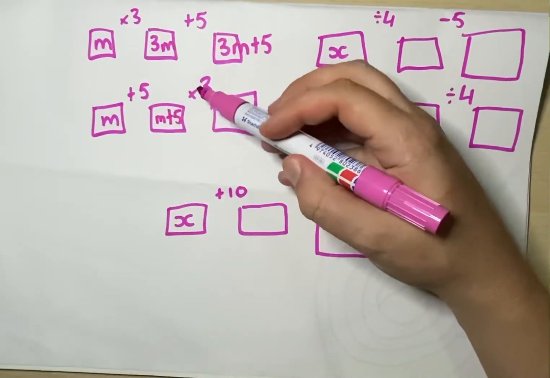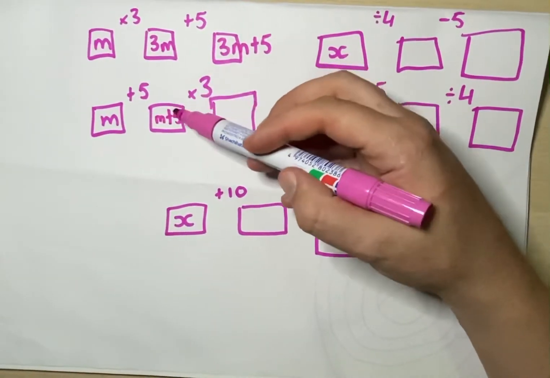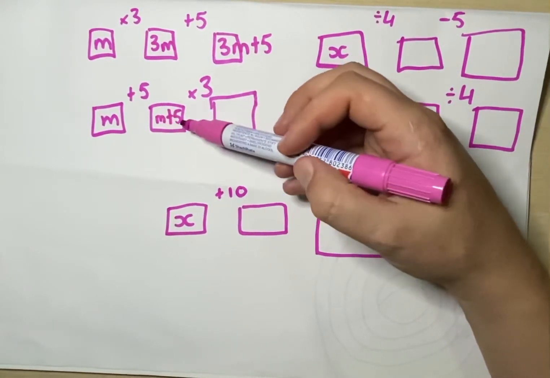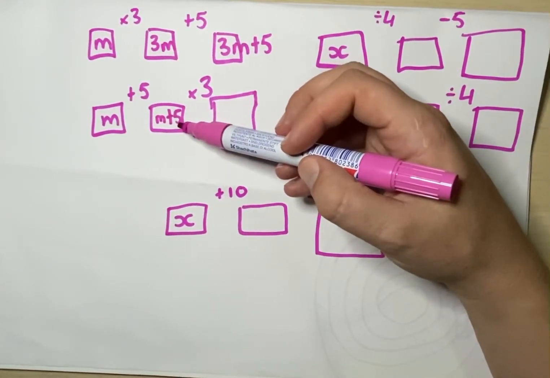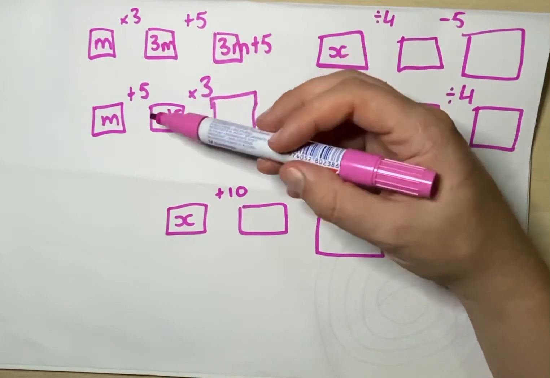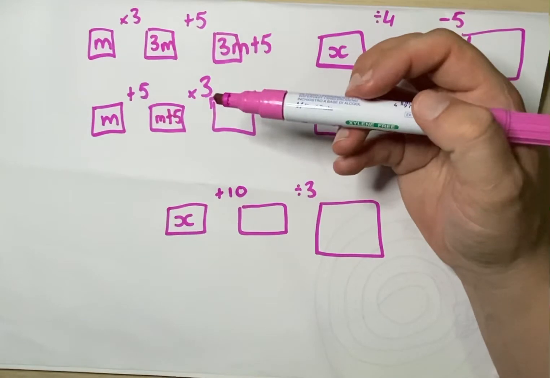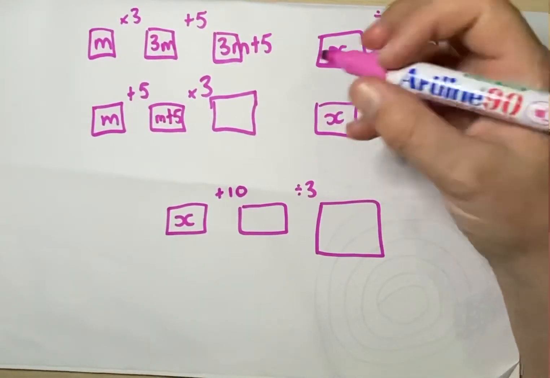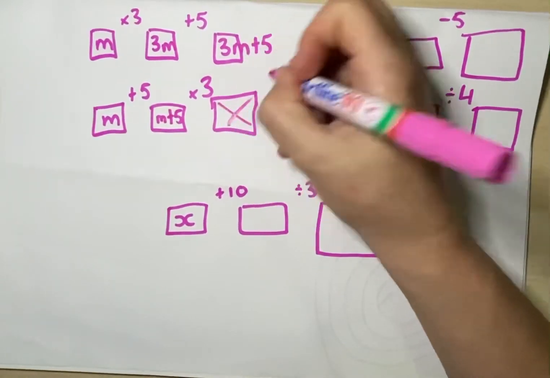Now when we go to times by 3, when we're multiplying by 3, we're saying we have 3 groups of m plus 5. And we'll jump back to that in a second and why this makes sense. But we need to multiply the 3 by the m and the 5. And how we represent that in our working out can get really messy. So I'll do it outside the box because it's too small.